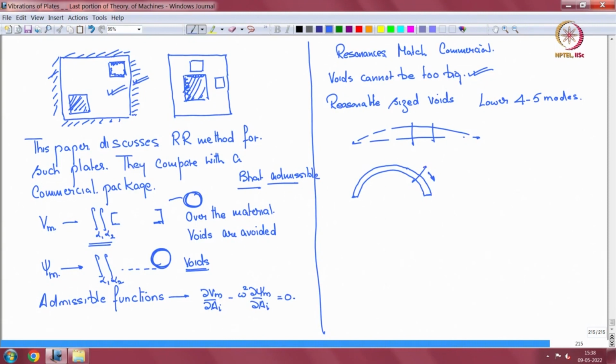So you can do inextensional approximations or Donnell-Mushtari-Vlasov type of approximations to find some results. But suppose you have an arch like this, a semicircle pi, and it is built in, that is clamped. It is clamped here and clamped here.